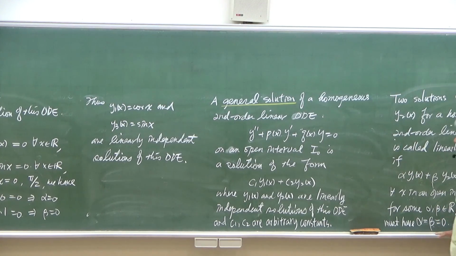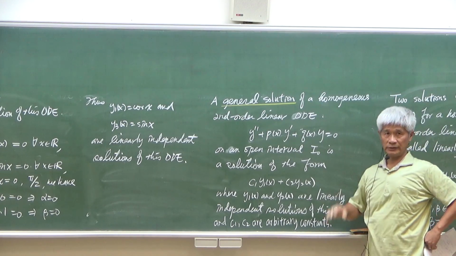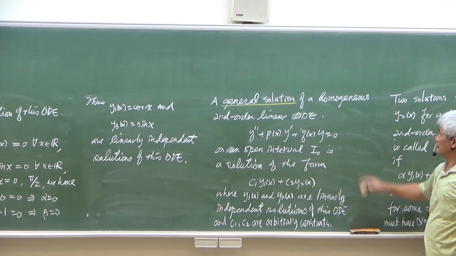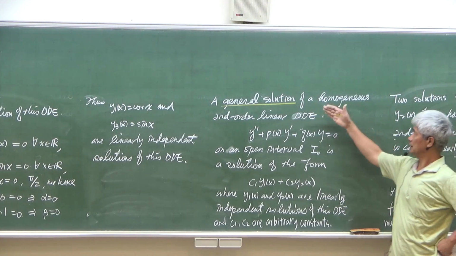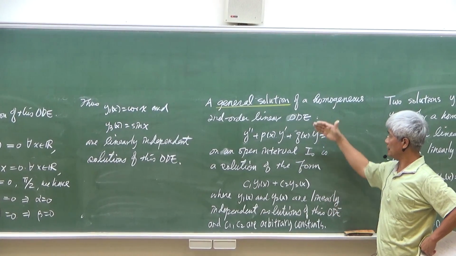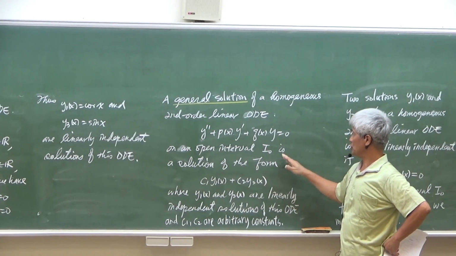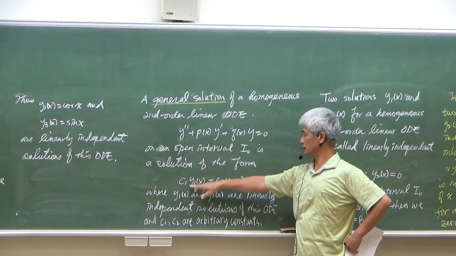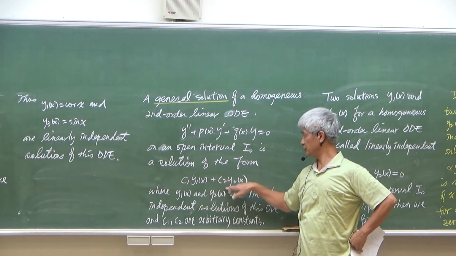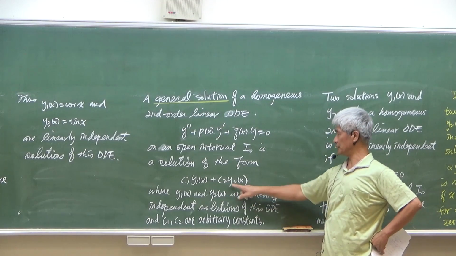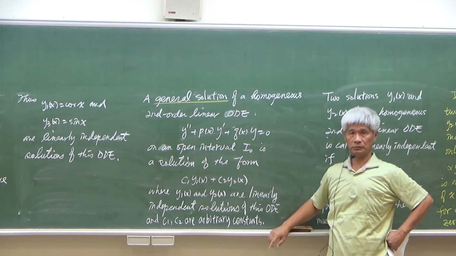We give the general solutions of a homogeneous second-order linear ODE, with any solution in this form. Actually, this form is a superposition of two linearly independent solutions, y1 and y2.